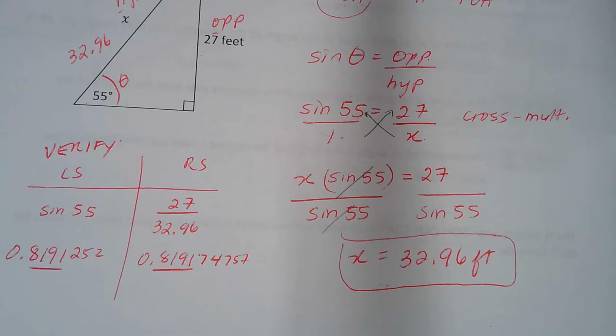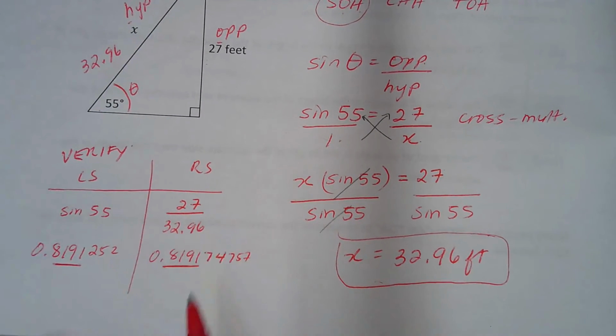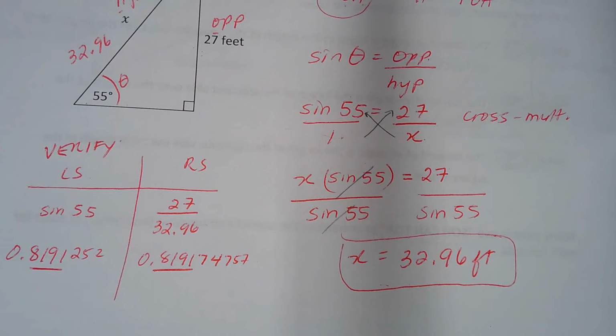But this is a check for us. This is how we checked when we talked about solving equations. The left side has to match the right side. If you round it, it's possible to be slightly off. Very, very close. The reason they're slightly off is because we rounded off our 32.96. Okay?